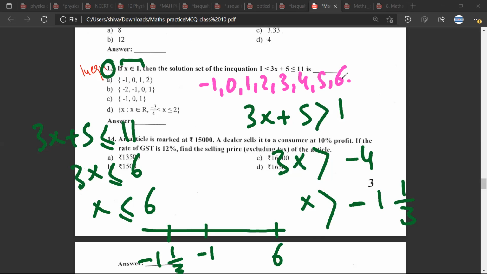It is not correct, sir, because 3x ≤ 6, so x will be smaller than or equal to 2. There's another mistake here. So x ≤ 2. So it should be 2 here. And the solution would be -1, 0, 1, 2. I think now it is correct. So -1, 0, 1, 2 is the correct answer. Great.